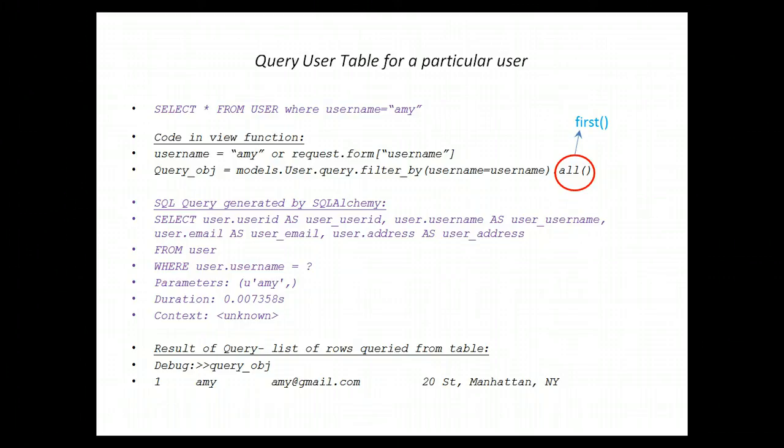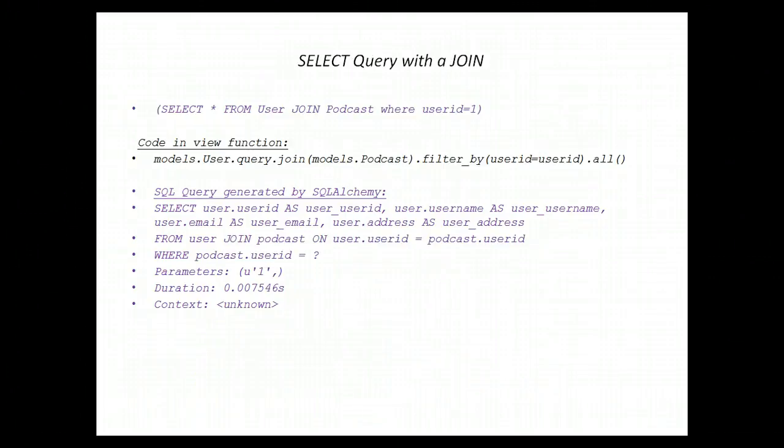In our database, this was the information: we had populated it with the user ID Amy, the email amy@gmail.com, and the address 20th Street, Manhattan, New York. So that is how you can have a look at the result of any query. I was actually using PDB, the Python debugger, to get this information.